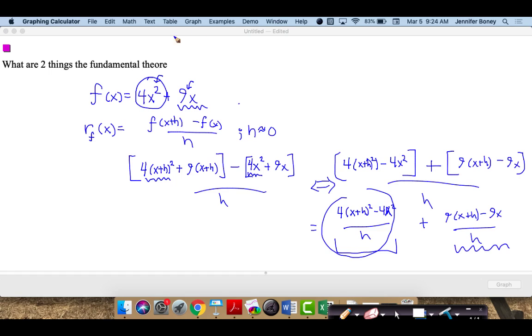So since I know how to find the rates of change of those two terms separately, there's no new magic introduced by having added those two terms together, or even if there was a subtraction between them. Again, no new magic would be added. I could just rearrange addition and subtraction and end up with two separate things. The gist of this is that the rate of change function for this function f is just the rate of change of its first term plus the rate of change of its second term.